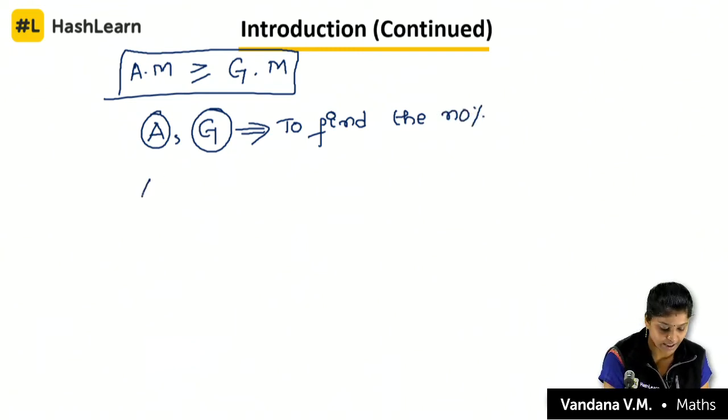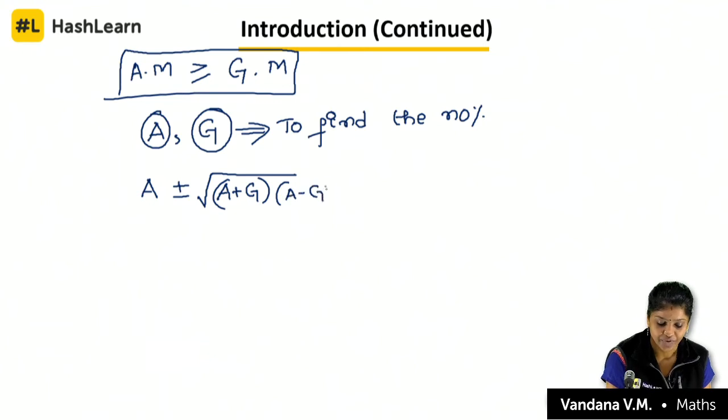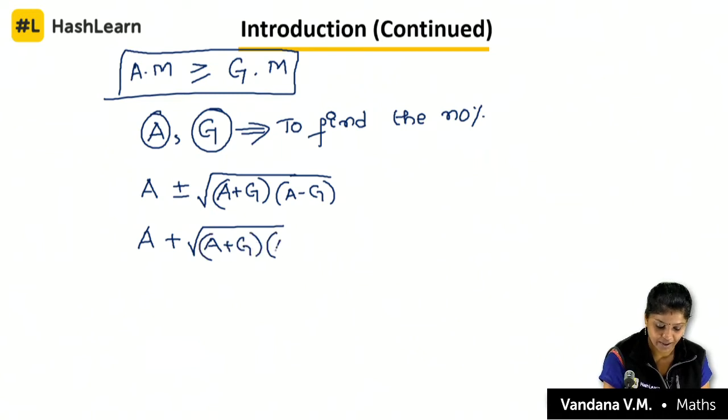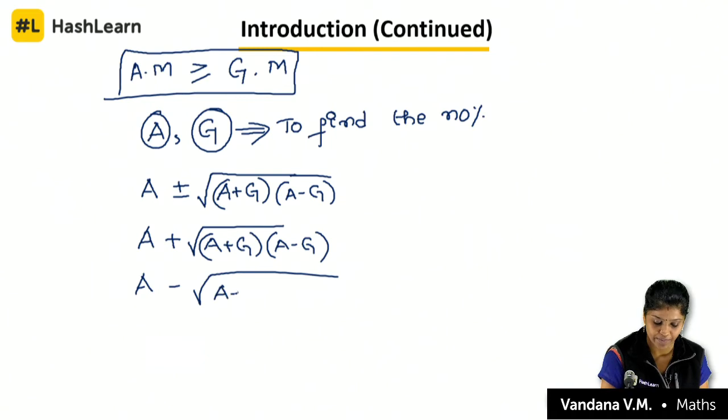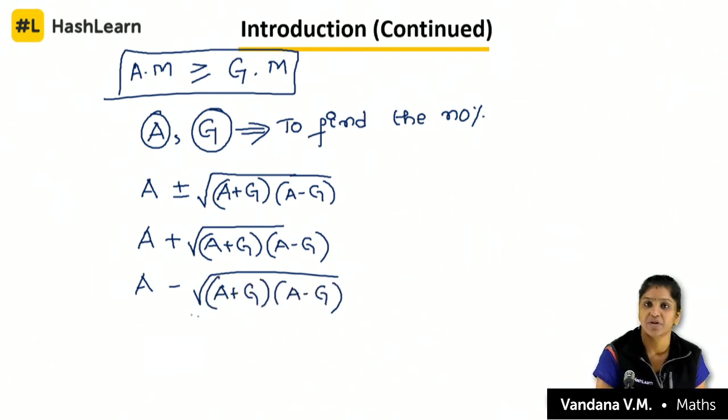The formula is A plus or minus root of (A plus G) into (A minus G). With plus, you will get the last term, and with minus, you will get the first term.